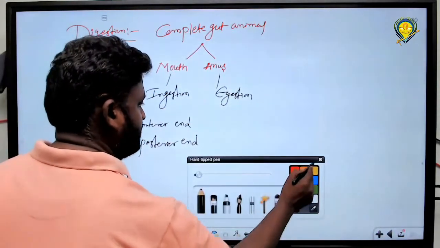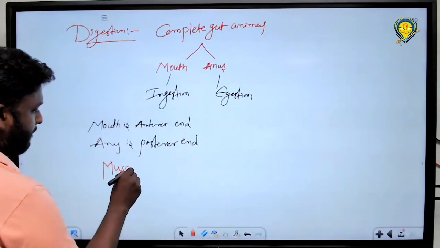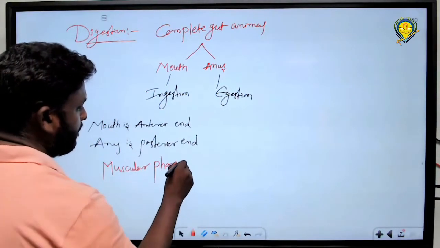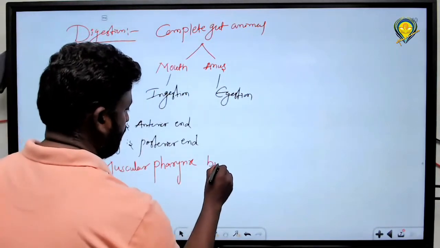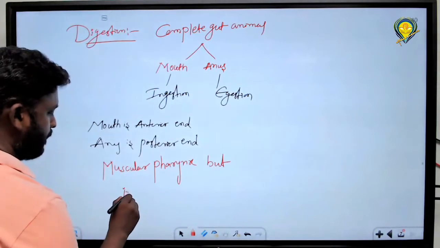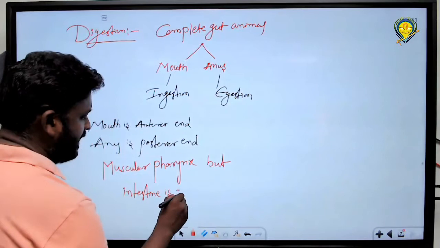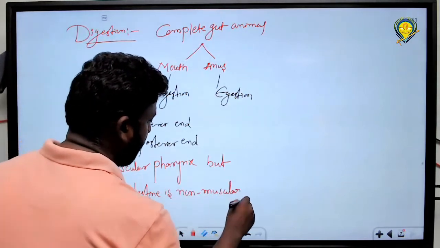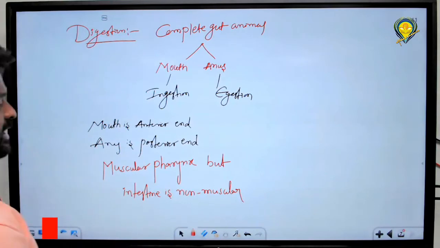Muscular pharynx is present, but the intestine is non-muscular. Very good.